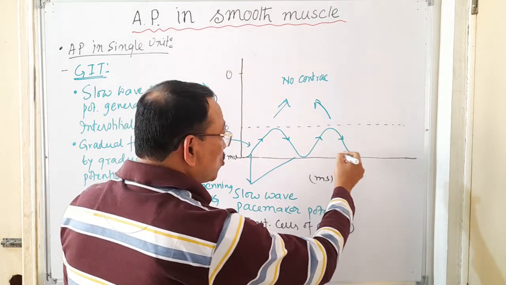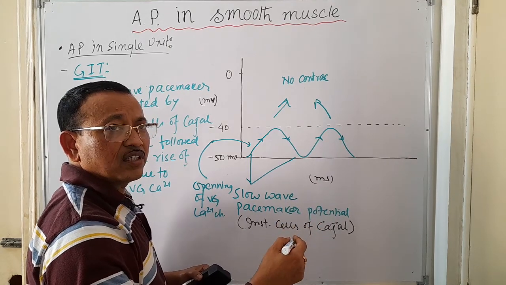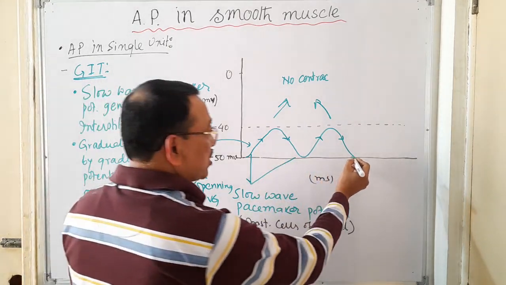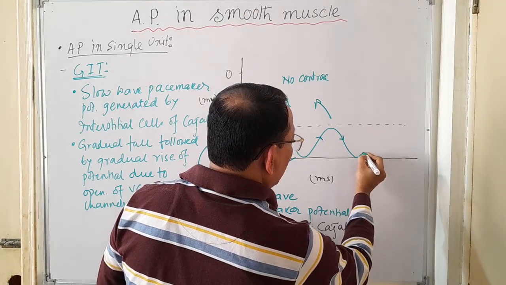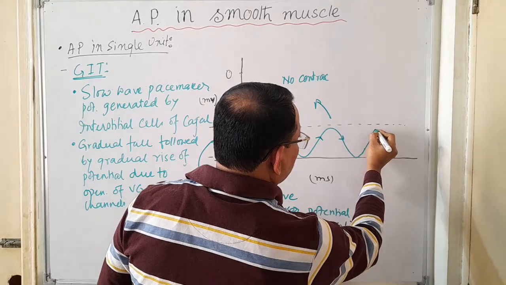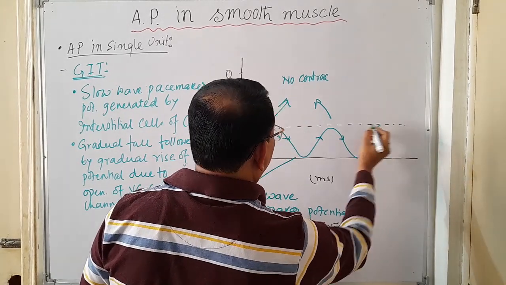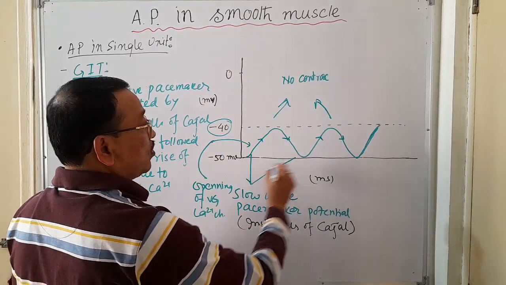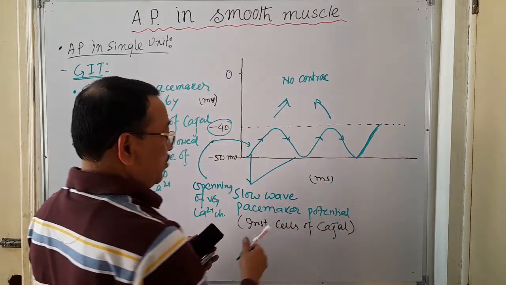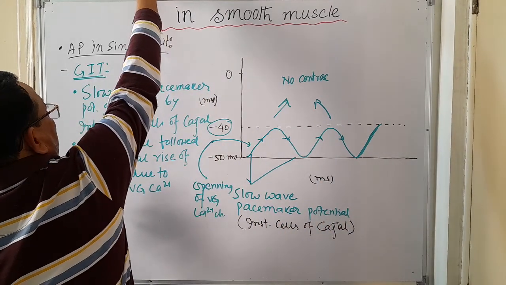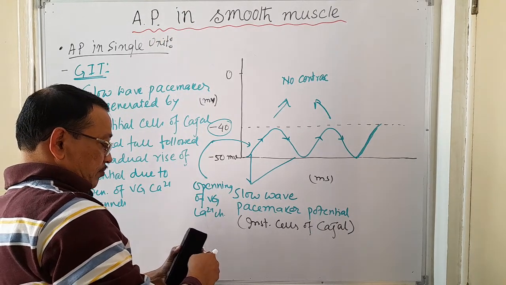Now this slow wave potential, once getting generated continuously, sometimes what happens, once the slow wave pacemaker potential reaches the firing level, the minus 40 millivolt, that is known as the firing level.